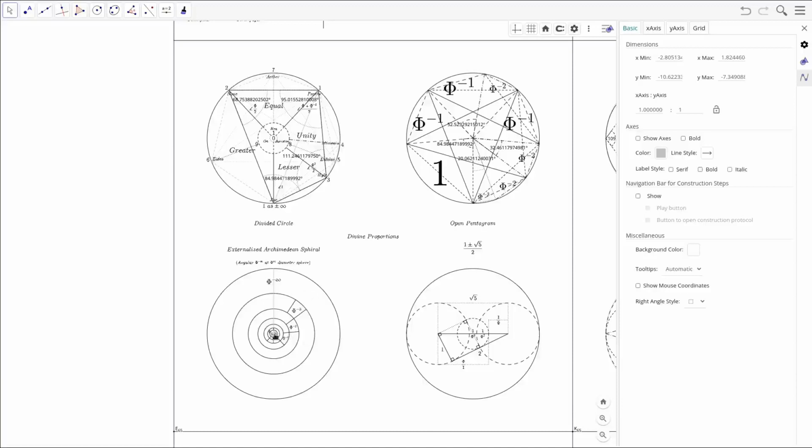So it is externalized, so it's outside of the circle.